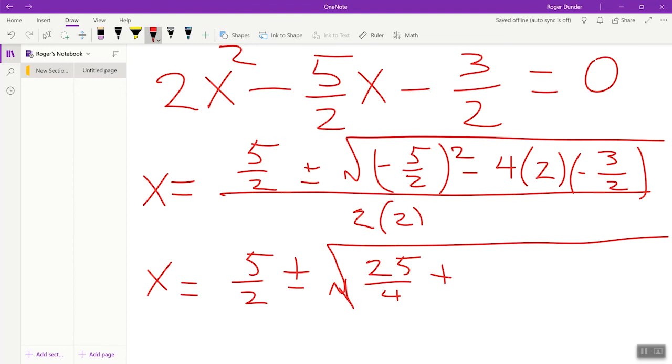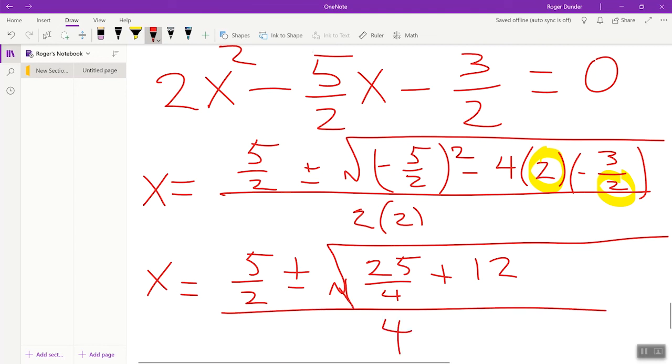So when I multiply this and this, they cancel. So 3 over 2 times 2, the 2's cancel. I'm just left with 3. 3 times 4 is 12, and a minus times a minus is a plus. So this just becomes plus 12. And of course, it's all divided by 4, 2 times a. Okay.